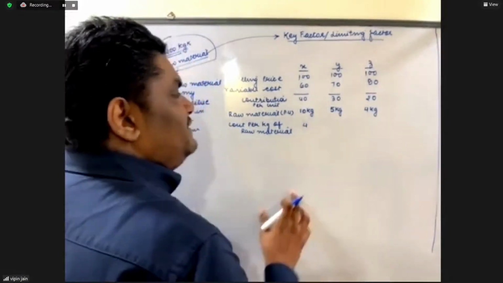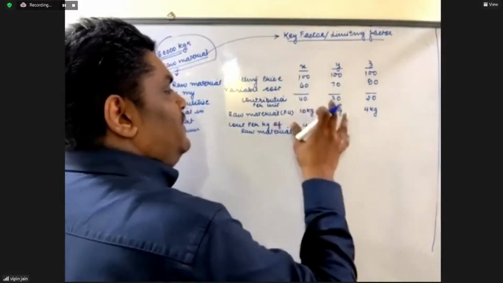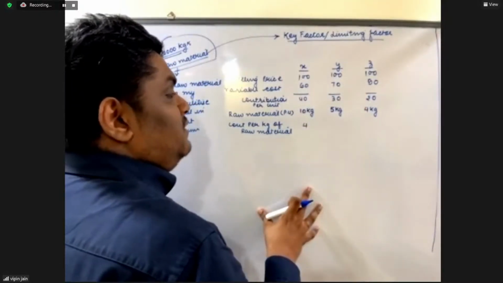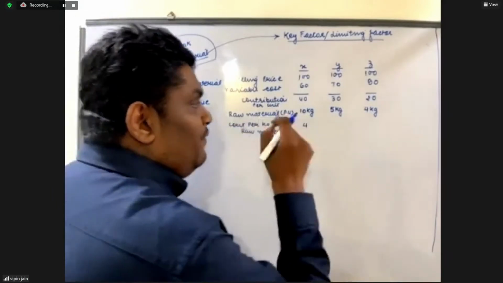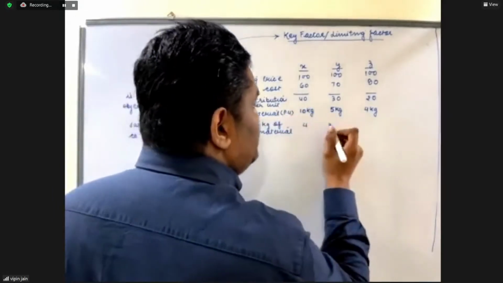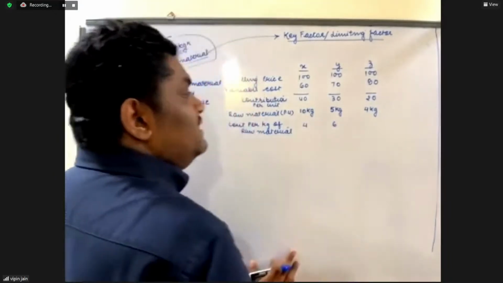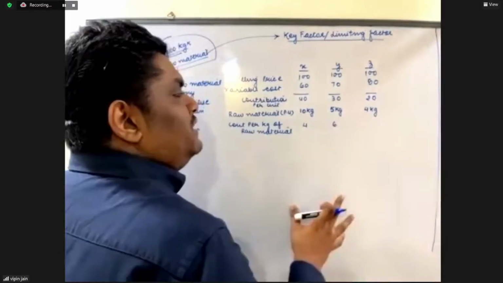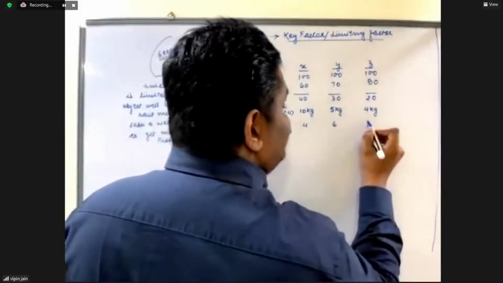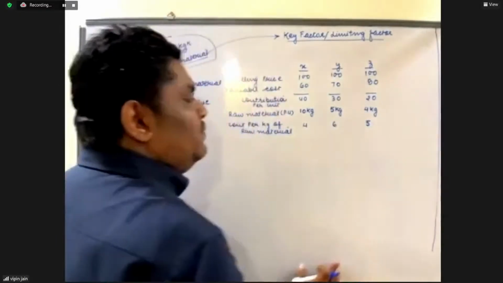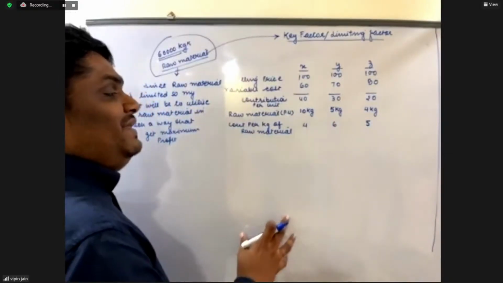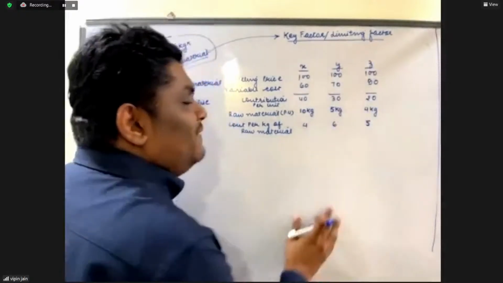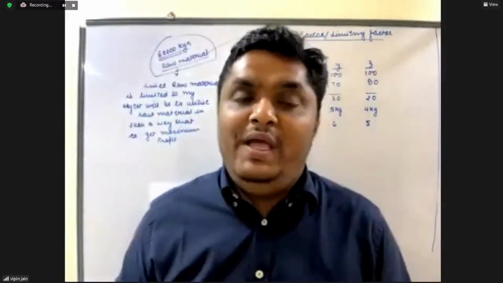Further, in the second case, we are using 5 kgs of raw material and we are getting a contribution of rupees 30. So, for every kg, how much profit I am getting again in this case? 6. Again, we are using 4 kgs and the contribution is 20. So, every kg, how much profit I am getting? Rupees 5. So we are getting the maximum profit if we manufacture product Y. So it is advisable to manufacture product Y. Why?